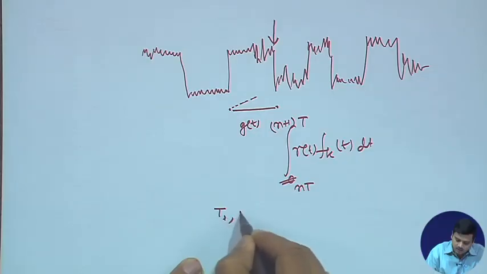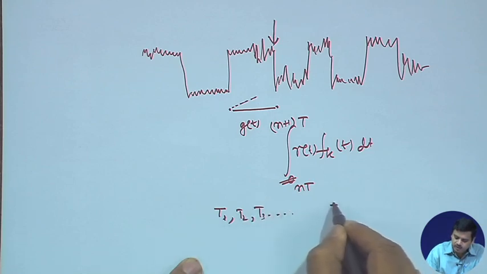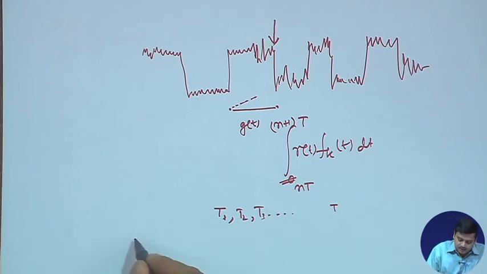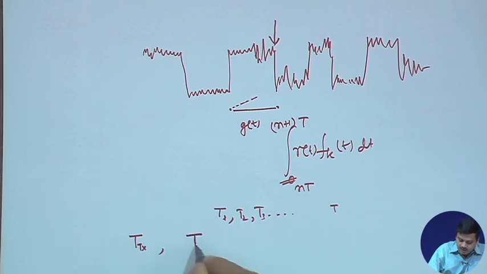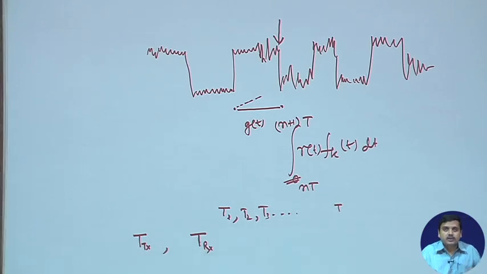Now, there are two issues in this. One is, it could be generating T1, T2, T3 and so on and so forth. So, on an average it produces T, and the second could be that the transmitter uses some clock which is spaced at, let me explicitly write T_TX, whereas the receiver generates a clock which is T_RX, and they are different in terms of the mean value, because they are two different clocks made up of physical materials.